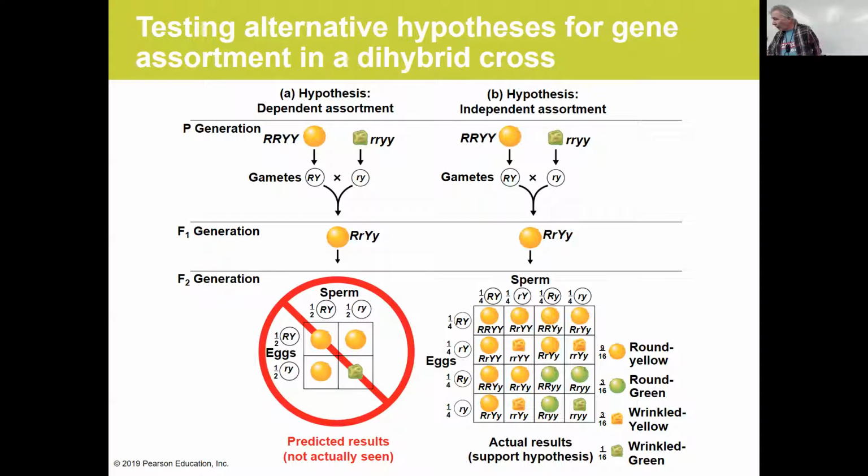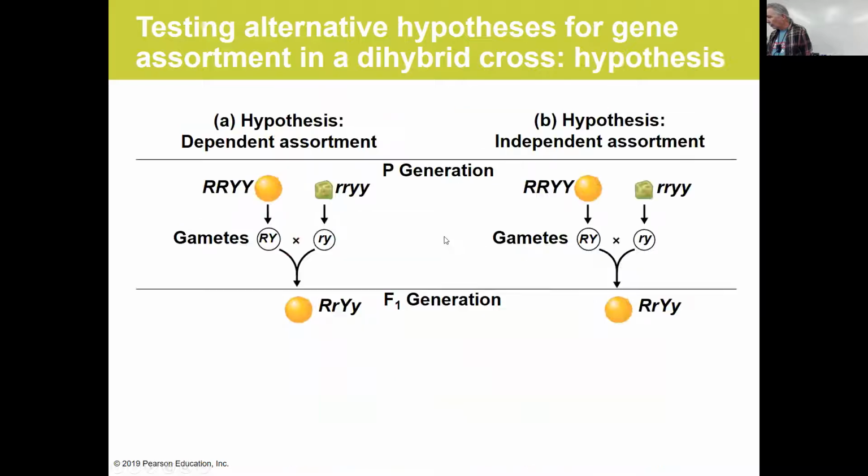You're going to have the parental phenotypes, round yellow and wrinkled green, but you're going to have recombinant phenotypes, round green and wrinkled yellow, if they're independently assorting.